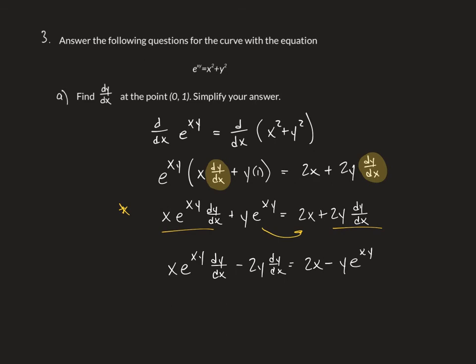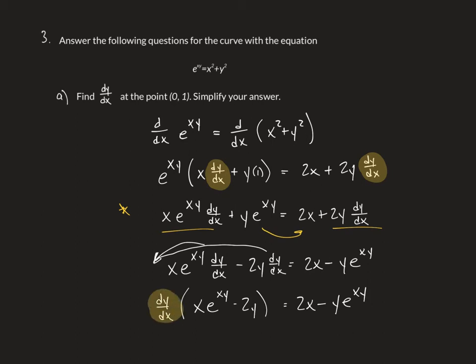The reason I'm doing that is now I can factor out that dy dx from these two terms, leaving me with x e to the xy minus 2y. So now I'm just one step away from finally isolating that thing that I've been trying to find.